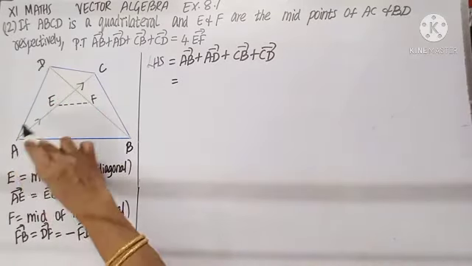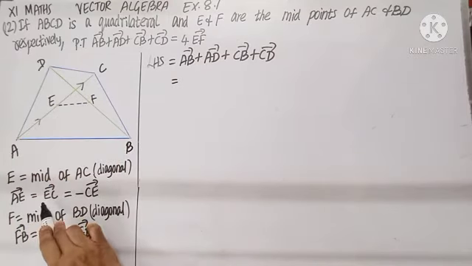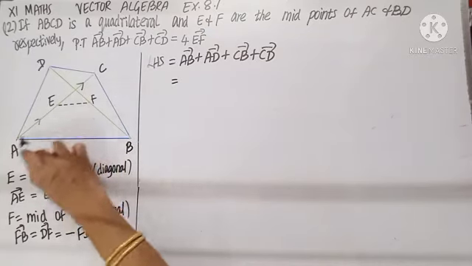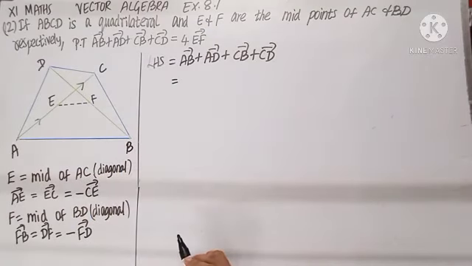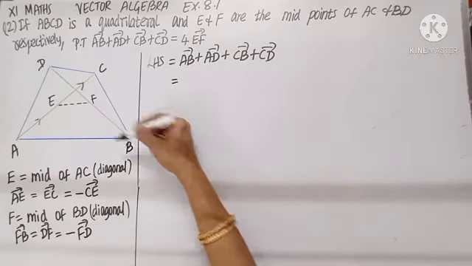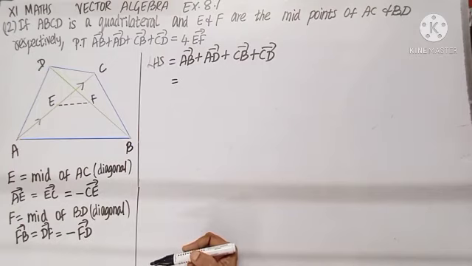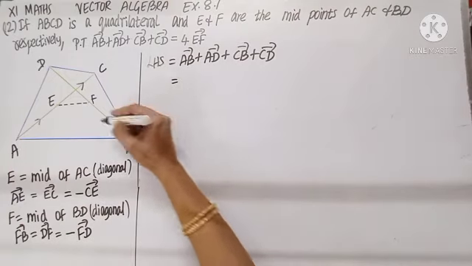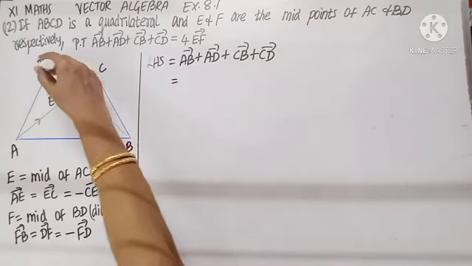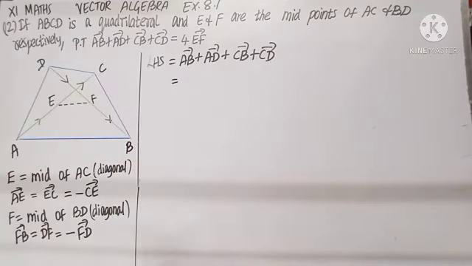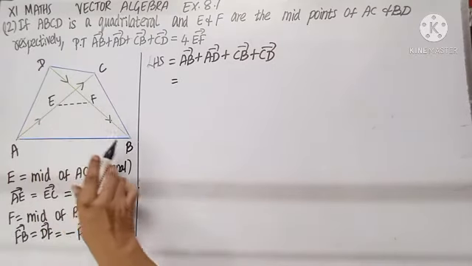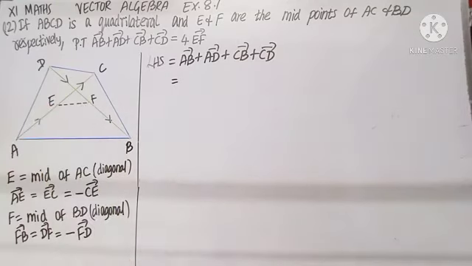So I can say AE vector equals EC vector because E is the midpoint of the diagonal AC. Similarly, F is the midpoint of diagonal BD. I can say FB and DF are equal in direction, and F being the midpoint, I can say FB equals DF.